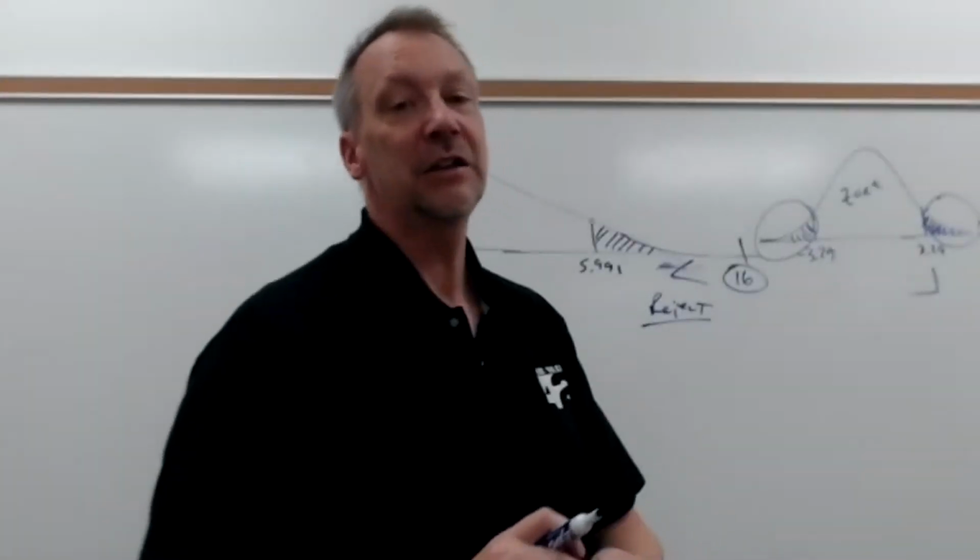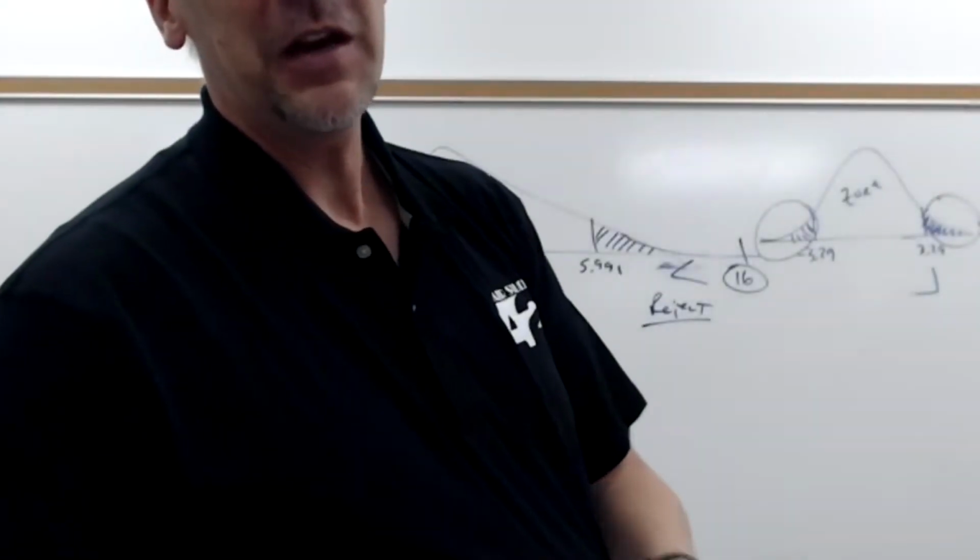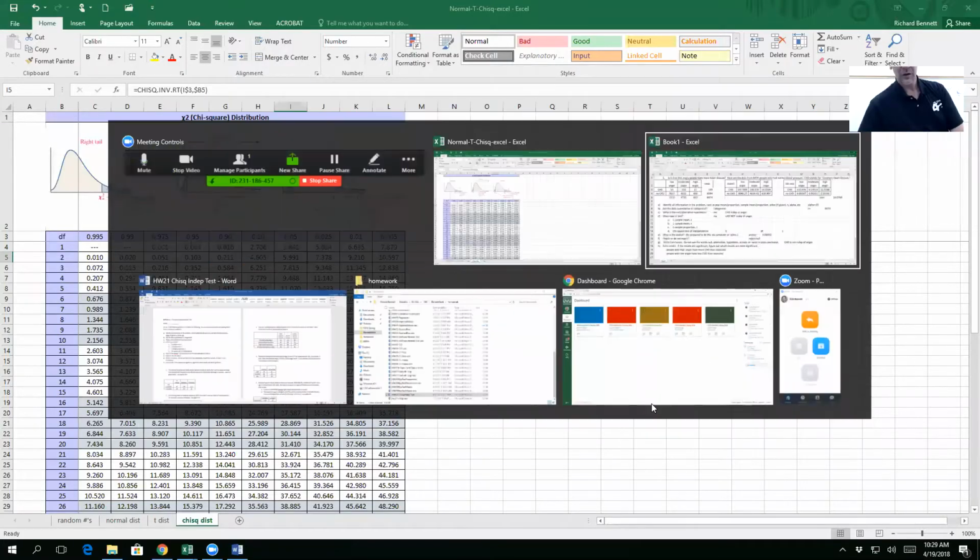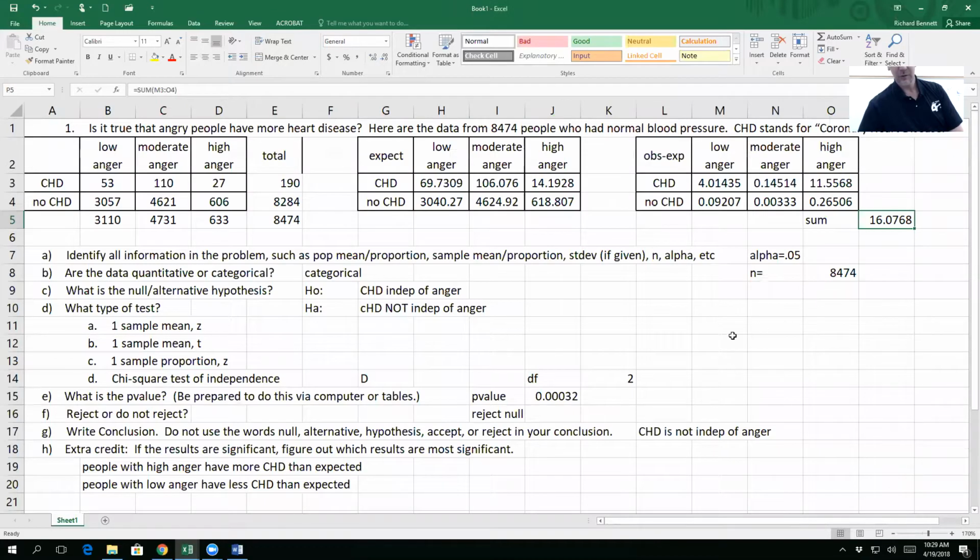In either case, whether I'm looking at my p-value, which was 0.0003, I'm still going to reject it. It should give you the exact same conclusion: reject the null. Your critical value in this case is 5.991.